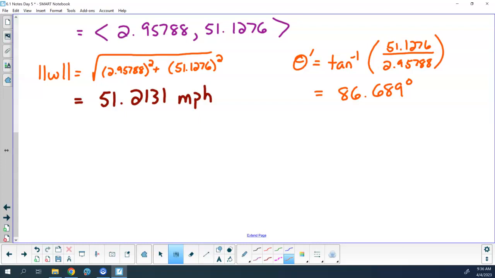First off, what quadrant is vector W in? It's in quadrant number 1. So my reference angle, in quadrant number 1, is this angle here. Yes? So my bearing angle would be 90 minus that, right?